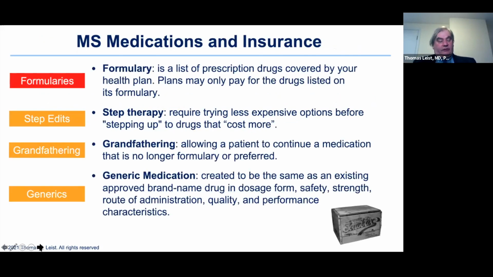This brings us for a second to a discussion regarding how do we get access to medications. And very important here is to understand that what we as physicians can prescribe ultimately depends on the formularies that the patient has access to.